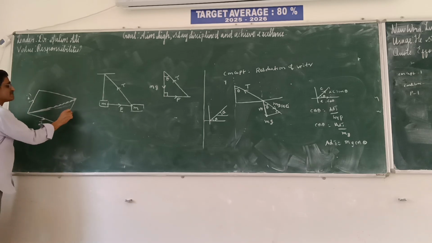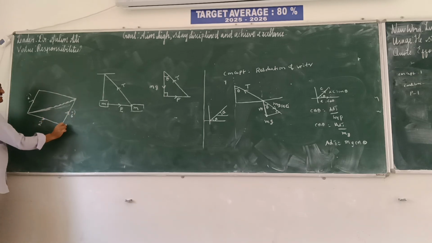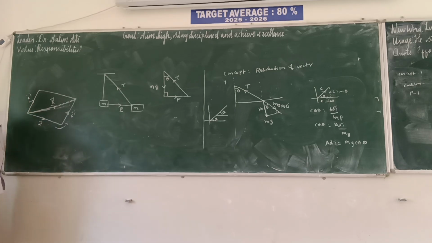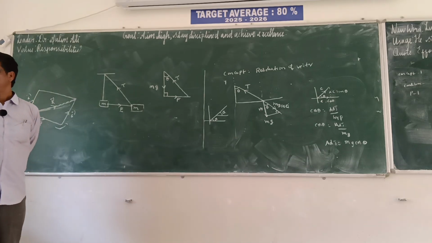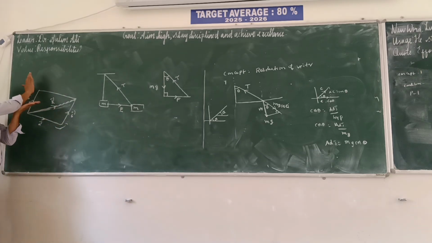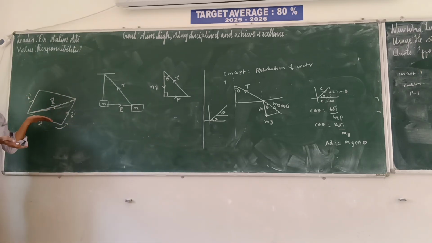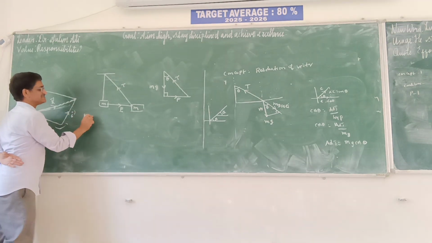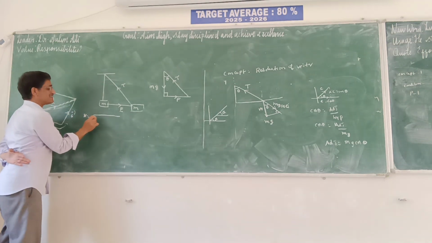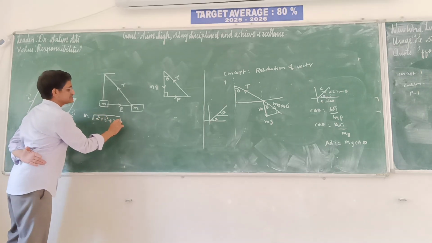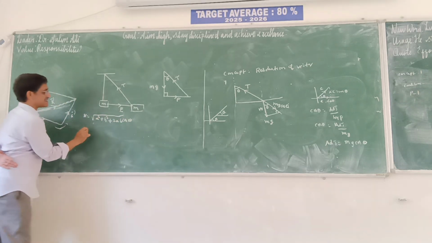I told you the triangle, this is the resultant. How many triangles are there in a parallelogram? Two. Yes or no? This is the triangle. If you put it in this direction, it will become a parallelogram. So the formulas are the same. Only the definition changes in the board exam. Formulas, special cases, everything is the same.